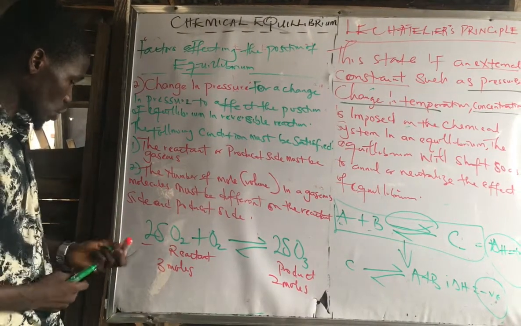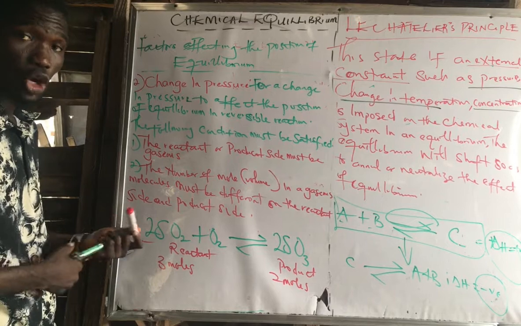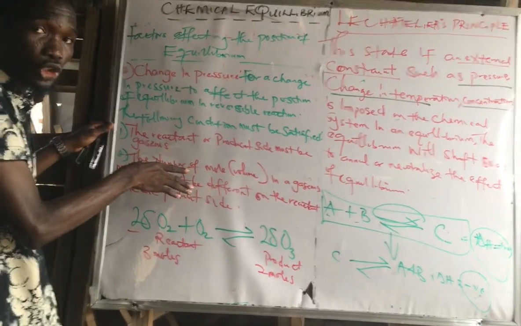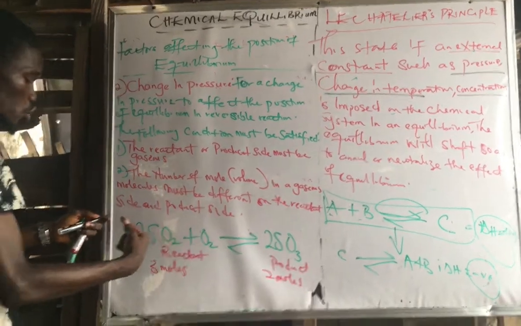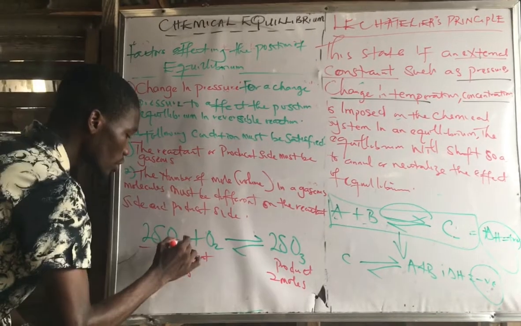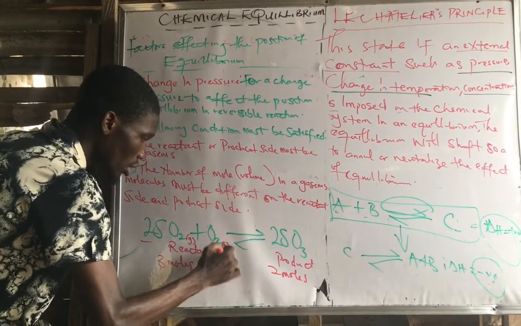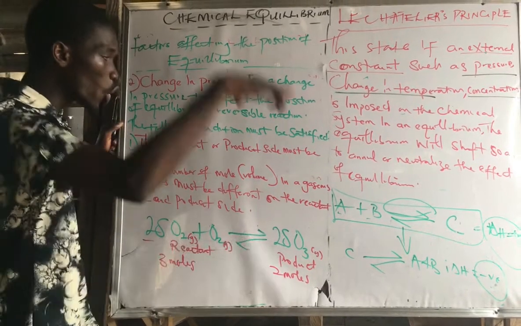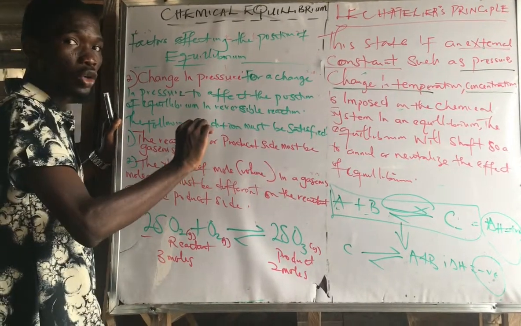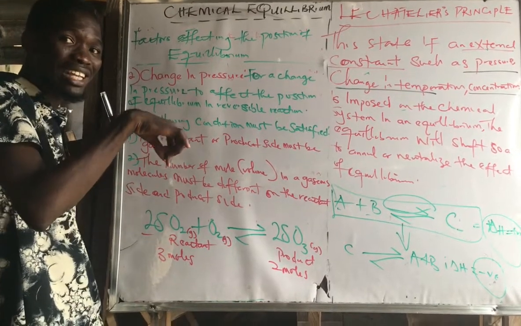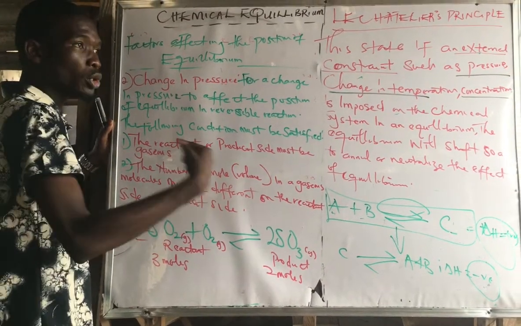Are you with me now, guys? So this shows that the conditions are applicable to the equation given. So now, gaseous, gaseous, gaseous, you can see that this equation obeys the conditions which must be satisfied to understand the concept of change in pressure on the position of an equilibrium.